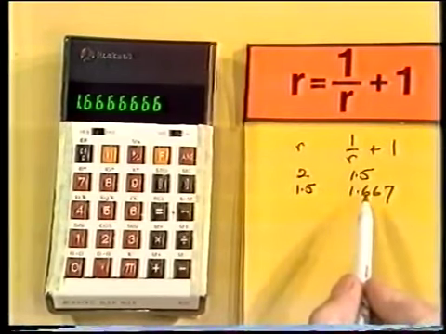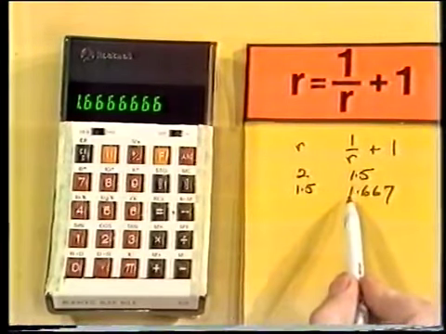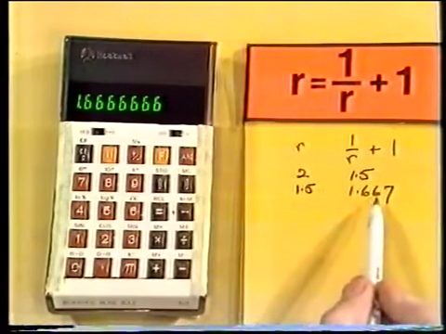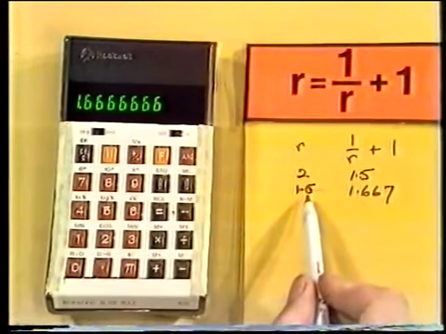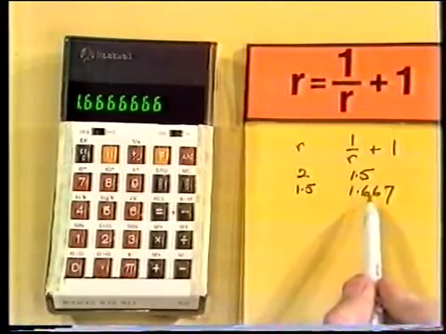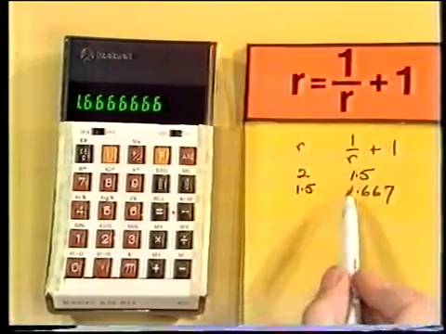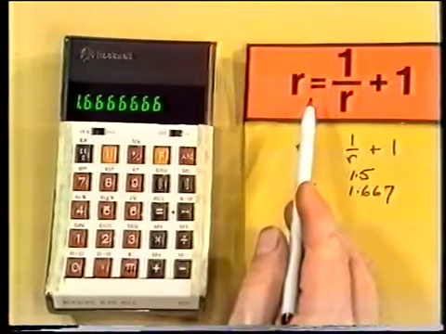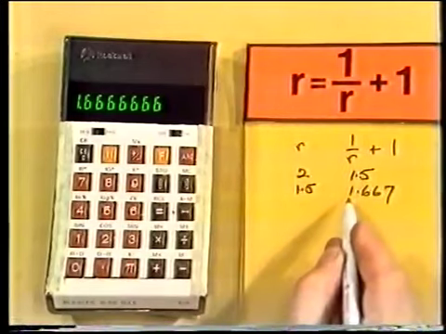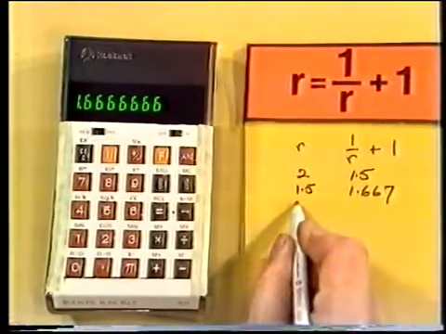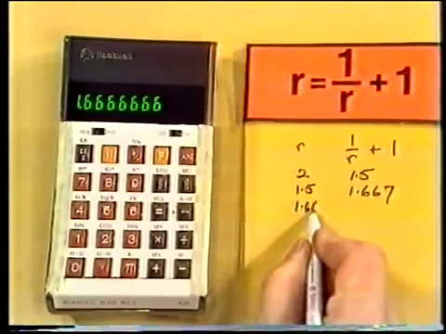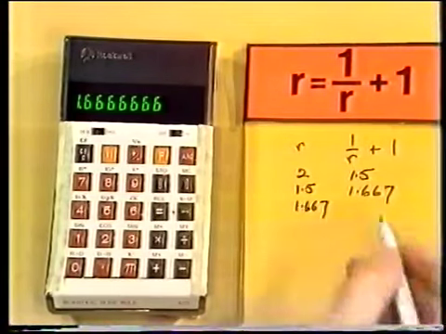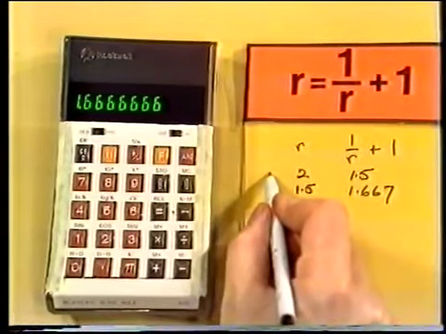I'm going to start for my third attempt with r equal to this, because you see, I haven't yet finished. If I replace r by 1.5, the right-hand side works out at that. These two are not equal, so I haven't got a solution to the equation. And I now use this value, 1.667, for my third attempt. And just to keep track on the calculation, let's introduce some symbols.